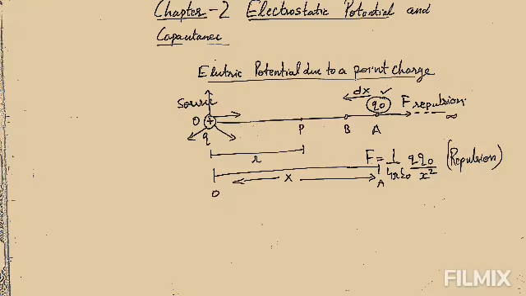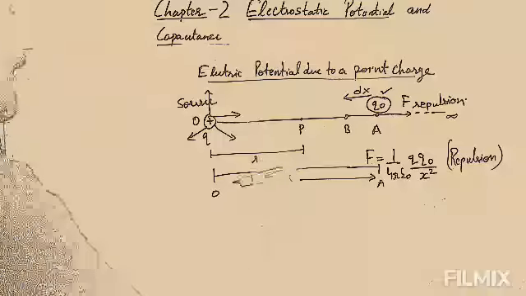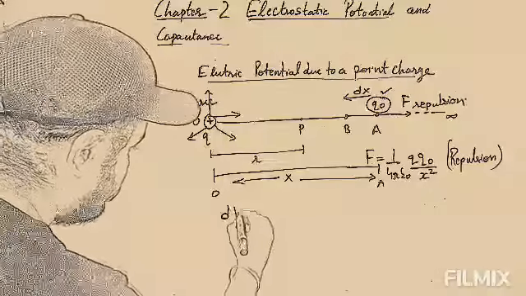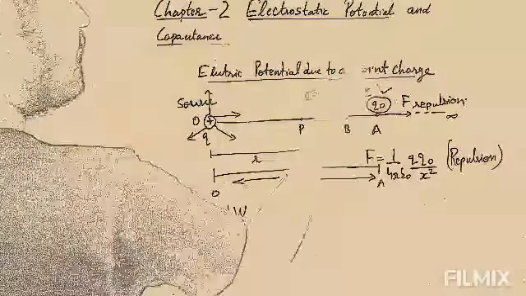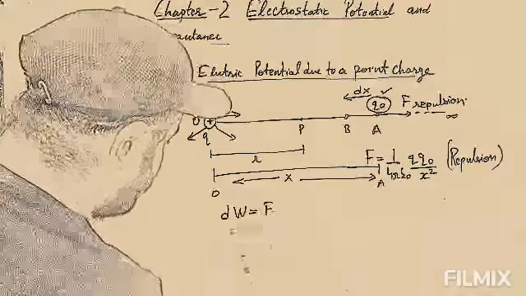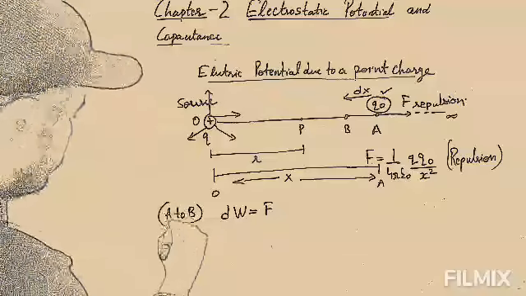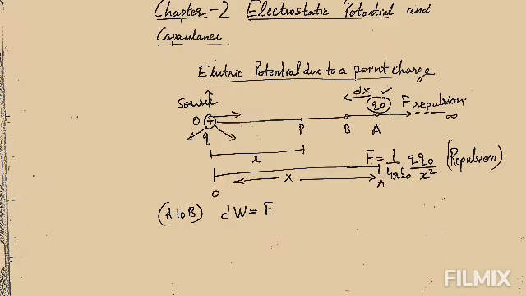So always some work has to be done. Let us say we have to move this charge from point A to point B. Since the distance between these 2 points is dx, a small work dW is done to move the charge from A to B. This work done is against which force?